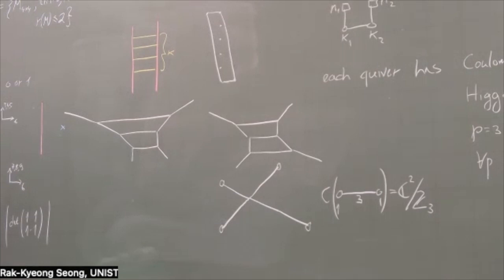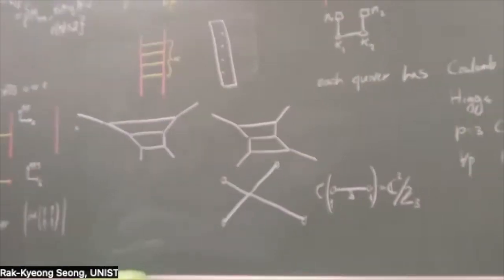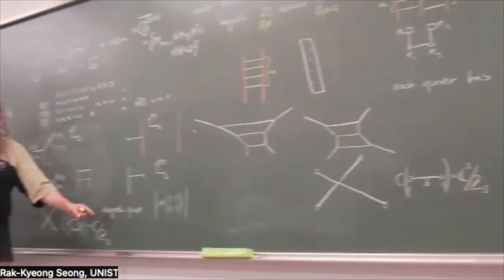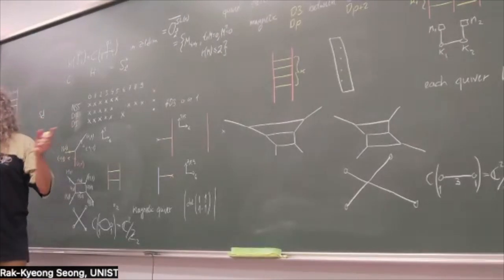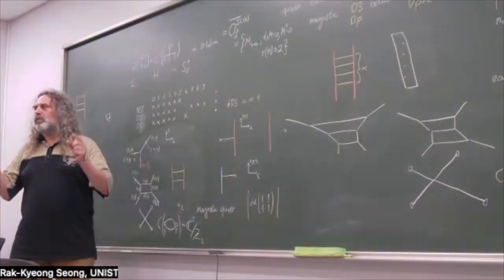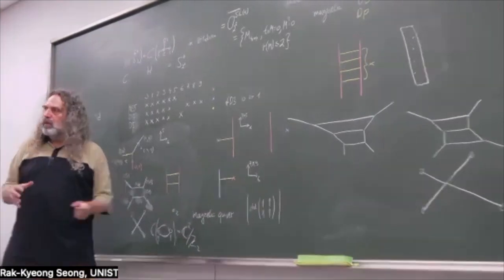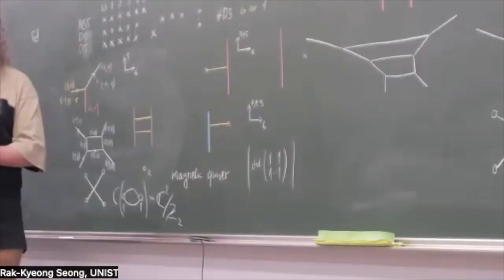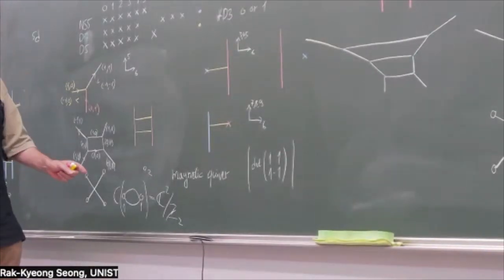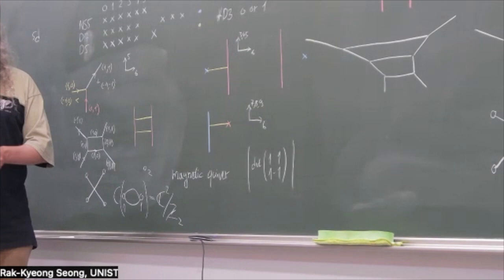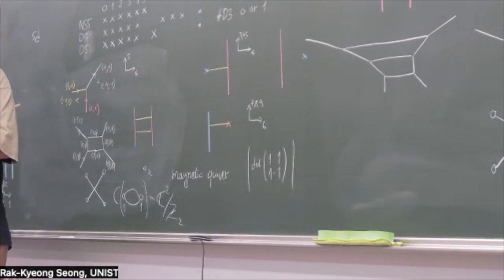The thing is that I didn't tell you this, but I don't particularly like the name Coulomb branch, even though now it's too late to change. It's very difficult to change. But the name for the Coulomb branch should be magnetic construction instead of electric construction, because Coulomb branch is very special to 3D N equals 4.